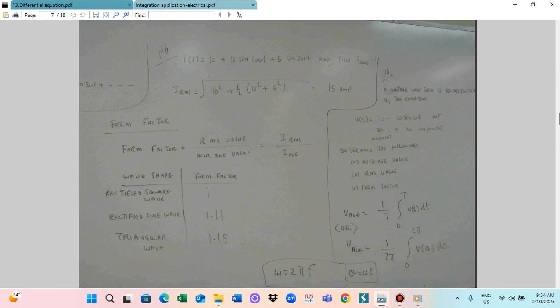So this is the waveform and its form factor.